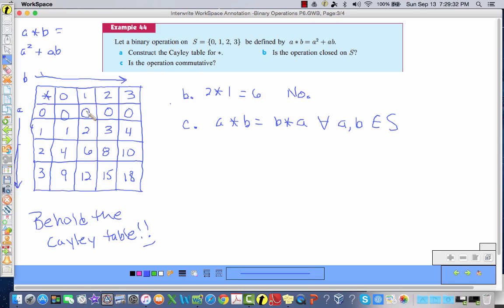So right away we have a contradiction. 1 star 0 is equal to 1 right here, and 0 star 1 is equal to 0. So right there, the answer is no.